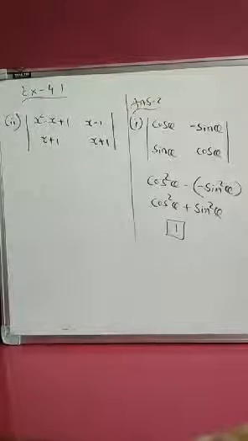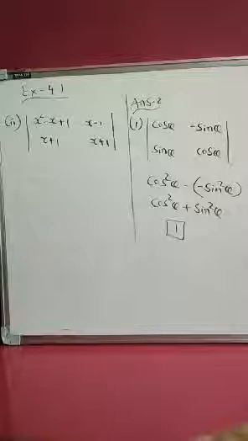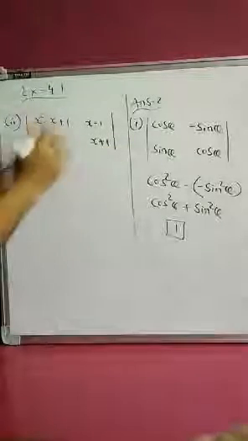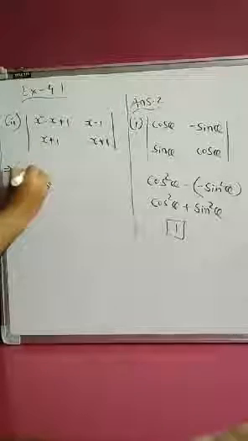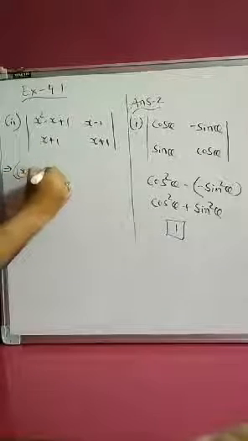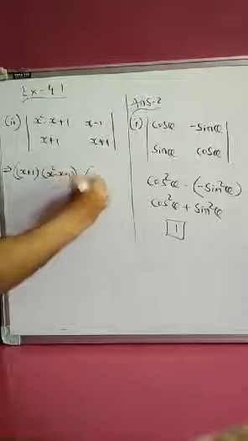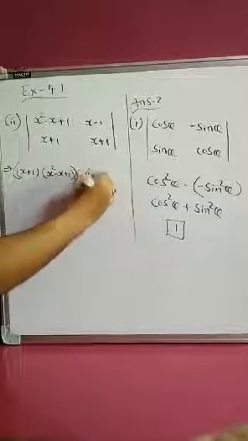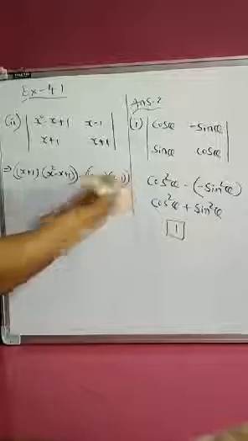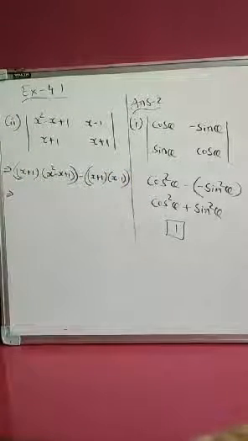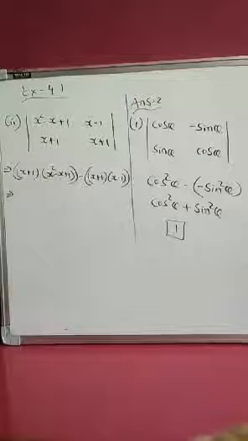What we are supposed to do is the same method. These two multiply with each other: x plus 1 multiplied with x square minus x plus 1, minus x plus 1 with x minus 1. Now we have to check whether there is a formula or not.